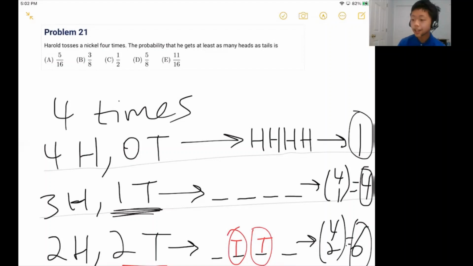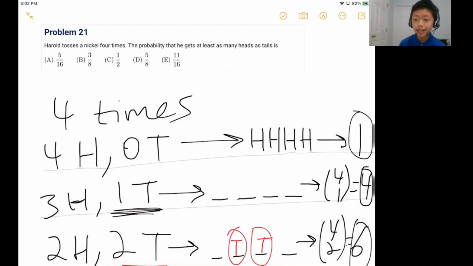A brief note: in this case, they made the number 4 pretty small. But let's say they slightly modified the question and said Harold tosses a nickel 5 times instead of 4, and we wanted to know the probability that he got at least as many heads as tails.